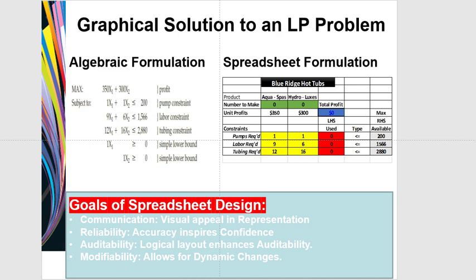Let us remember that designing a spreadsheet model is not just a science, but it's also an art. There's more than one way to organize the data for a problem on a spreadsheet. But you should keep in mind those goals of spreadsheet design so that you come up with a spreadsheet model that is acceptable or that is valid in the eyes of your stakeholder.